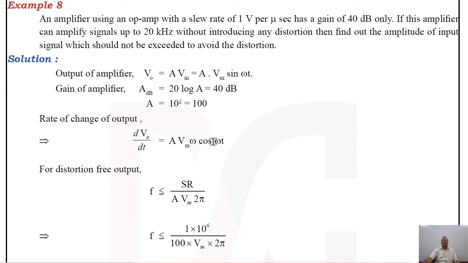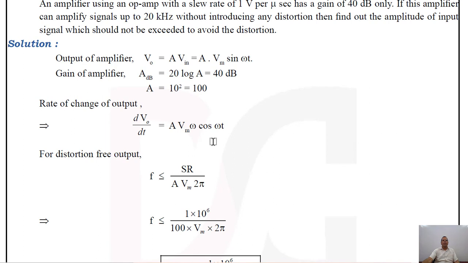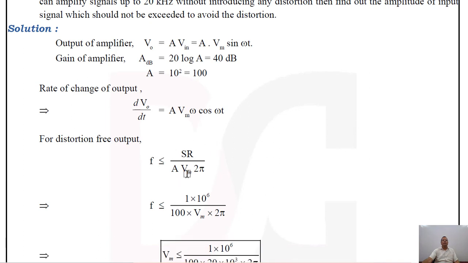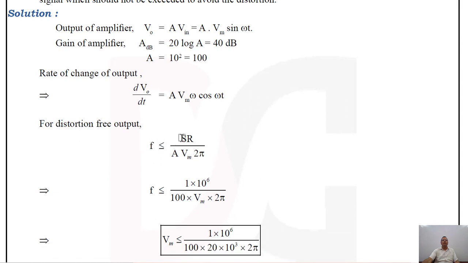For distortion free output, remember this is the expression of frequency. The frequency should be less than or equal to this. Here the frequency is given, so you can simply put F here, and SR, that is slew rate. You have obtained gain A, so we have to find Vm.